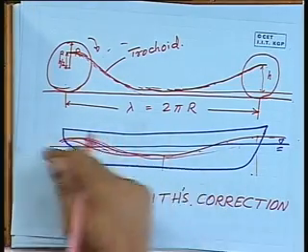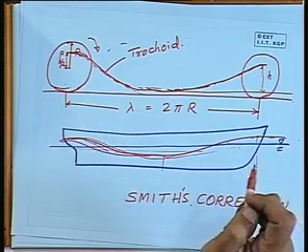If you apply Smith's correction to this curve, then under the static condition we get the buoyancy distribution, but that correction is so negligible or so small in amount that we more or less ignore it from our calculation and absorb it under the engineering accuracy or inaccuracy, whatever you call it.